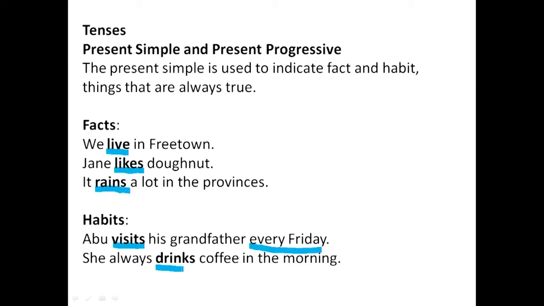So we come down to, she always drinks coffee in the morning. So again, it's habit, something we do almost always. Okay. So among the good number of usages present simple has, we have limited ourselves to just two.